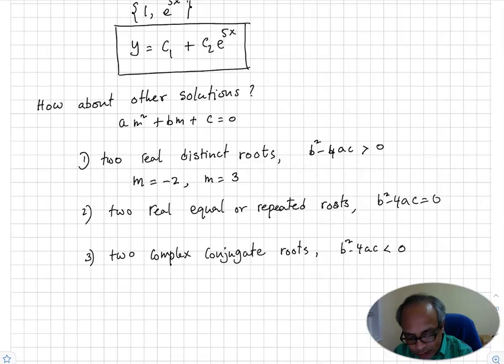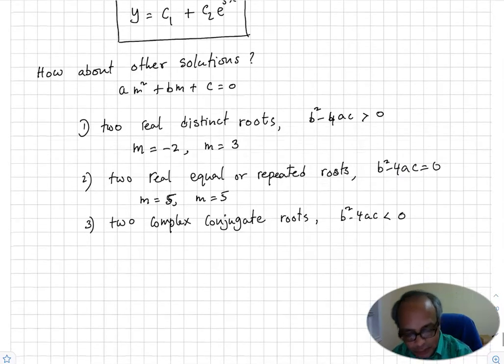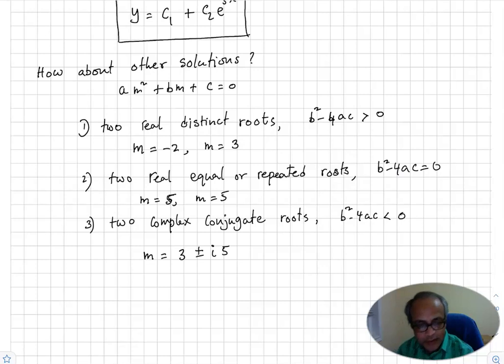Real repeated roots would be m equals, say, 5 and m equals 5. Both roots are equal, so sometimes we say repeated roots. And the complex conjugate could be something like, say, m equals 3 plus or minus i 5, and this i is square root of minus 1.